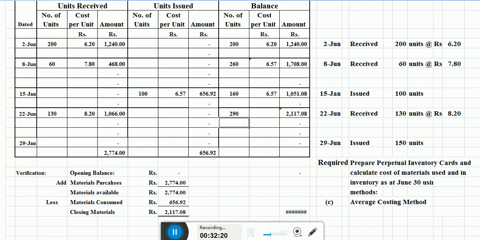Now students, on 29th June, material issued is 150 units here. Now we easily take the 150 units from the 290 units here. The rate, first we have to find out here.